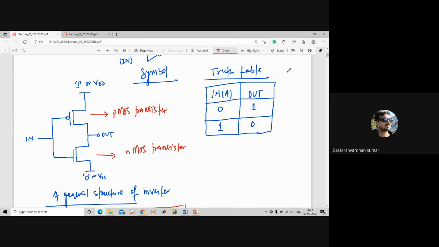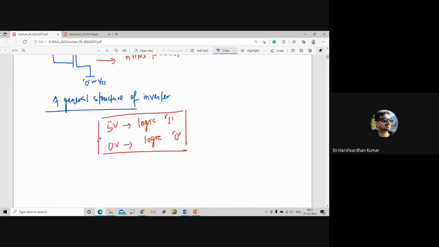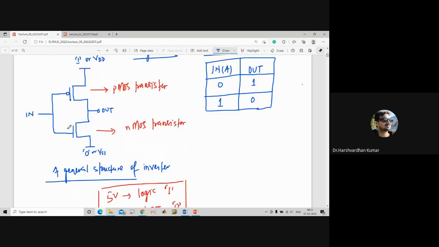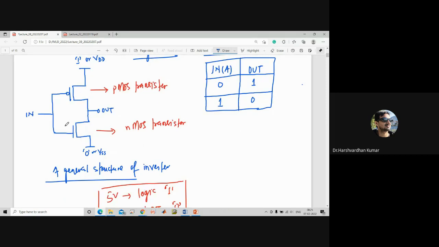So, first point, case 1: we have to see what will happen whenever you apply logic 0 at the input terminal. Then what will you get at the output?